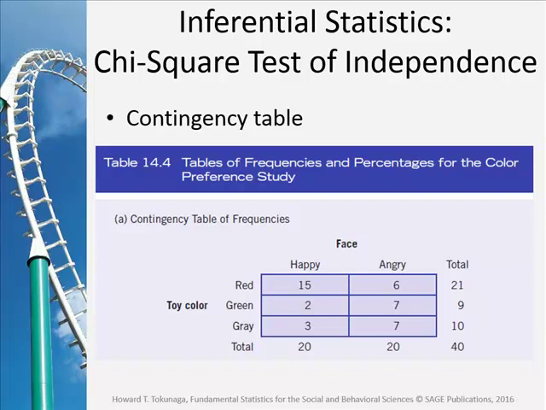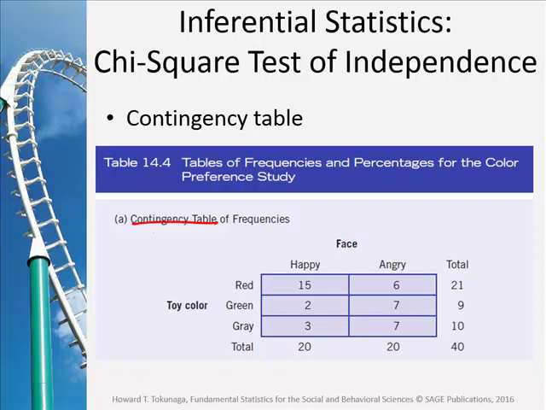What we've created here with the 2 variables is known as a contingency table. A contingency is you do something if something else happens, right? So we put you in the happy column if you were shown a happy face. That's the contingency.